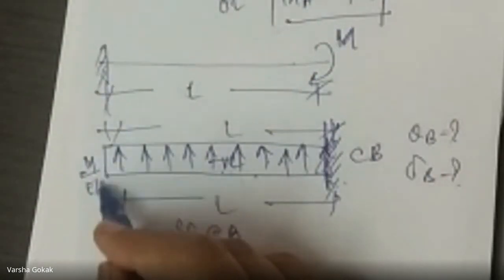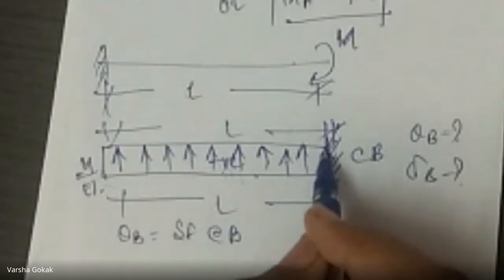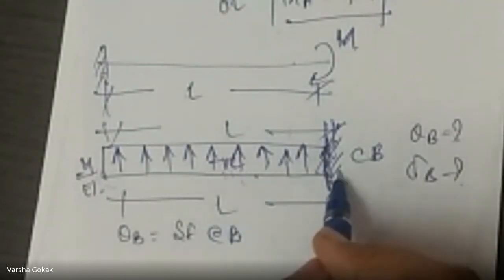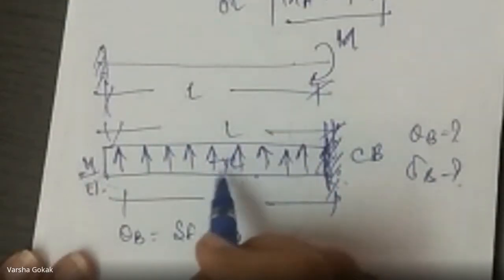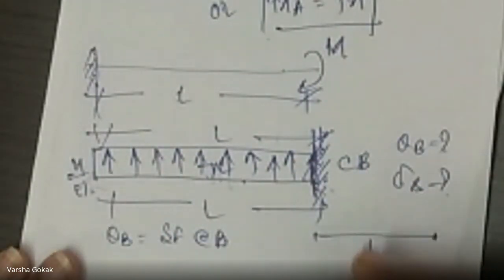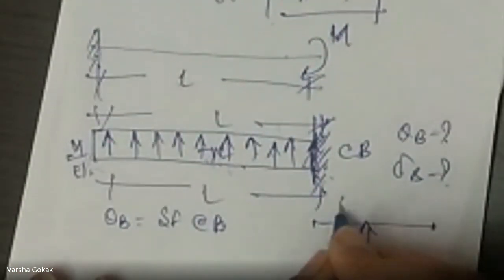So this is acting like a load now. M by EI is the load, the magnitude of the load, and I want the value at this point. So the shear force at B. When I'm calculating the shear force at B, if I reduce it to a point load, M by EI into L becomes the value of the point load, which is acting exactly at the center, L by 2.